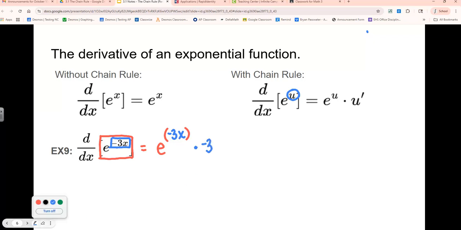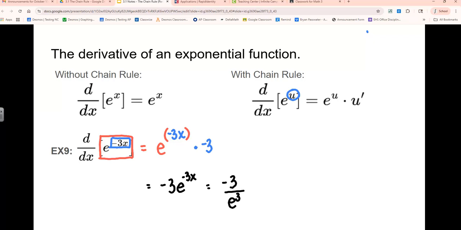They will rewrite this as negative 3e to the negative 3x. There's also a chance they do something else with this. How else could you write that? Negative 3 over e to the 3x. Since that does have a negative exponent, they could move it back down to the bottom. They might do either one. Just be prepared to see either one of those.